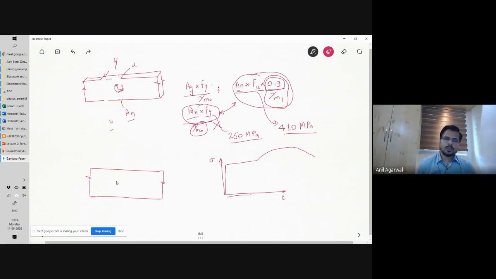Now, let's say there is also a hole in this plate, and it is subjected to a tension force. Let's say this section starts to yield somewhere here.